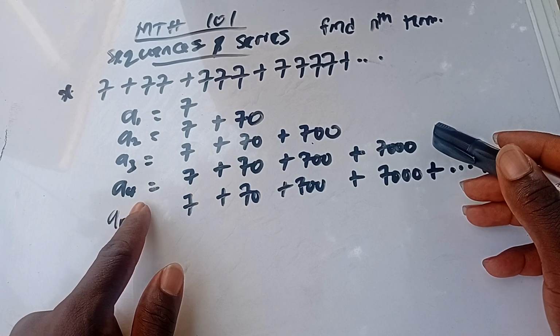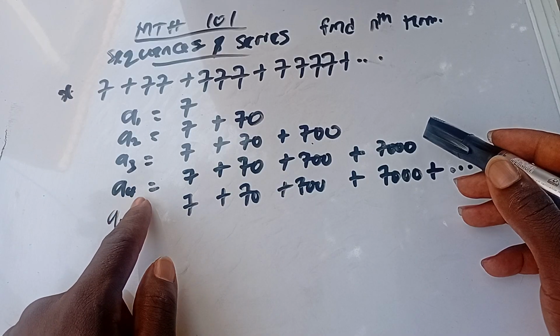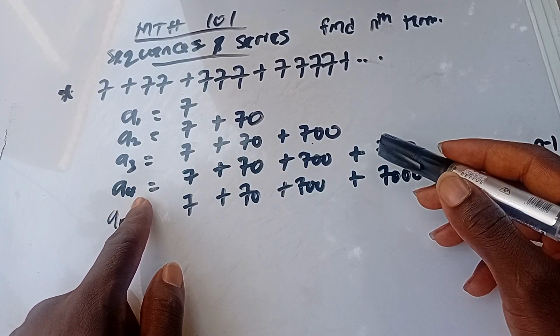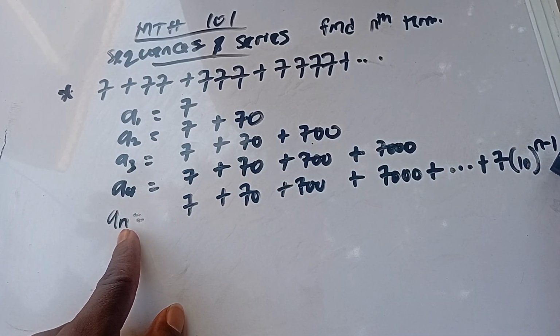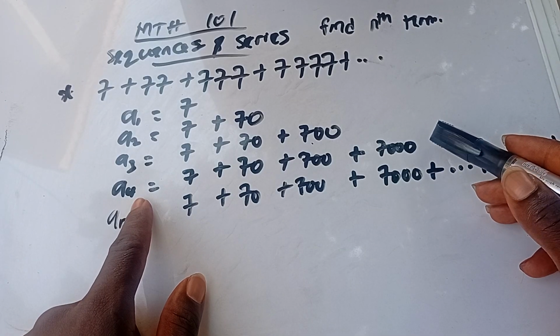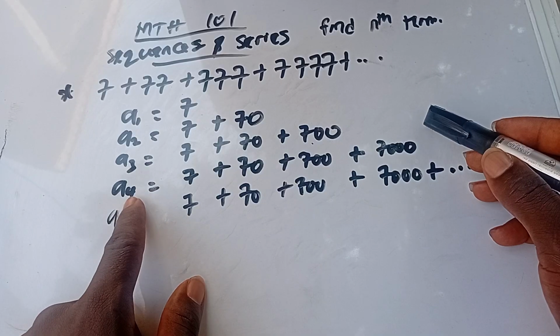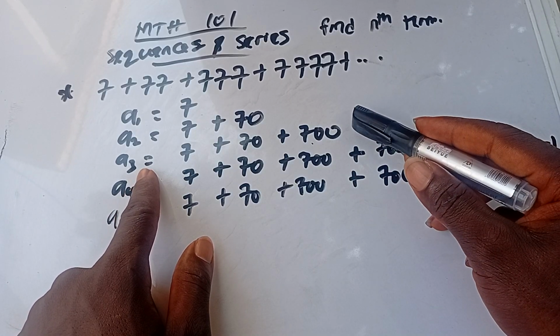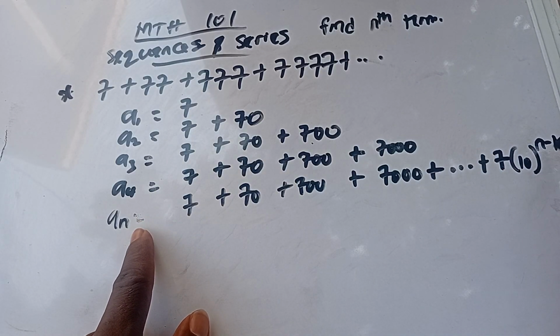So the last power is 1 less than the term. For the fourth term the last power is 3, for the third term it is square, for the second term it is 1. So for the nth term, the last power will be n minus 1.